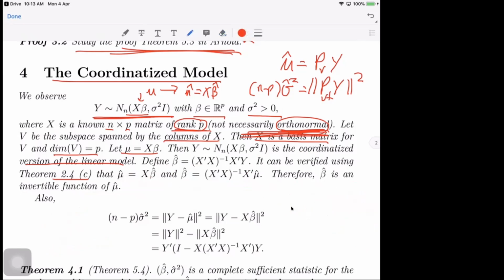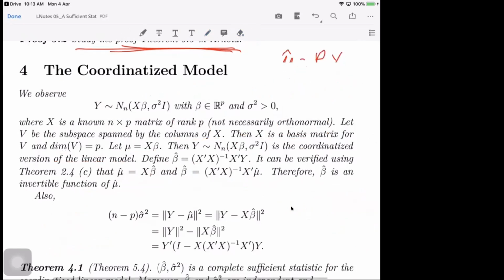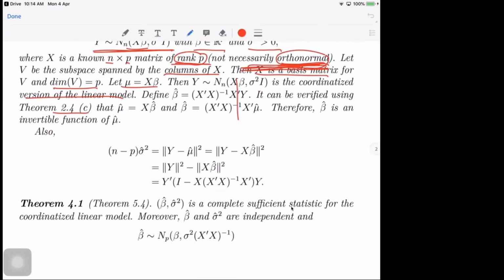Also, your variance, or n minus p times sigma hat square, in terms of the coordinatized version of the linear model will be equal to this by substitution of mu hat, that is X beta hat. And then if you expand this, it is Y minus X beta hat prime times Y minus X beta hat.